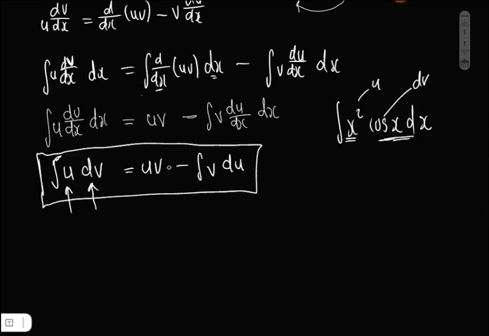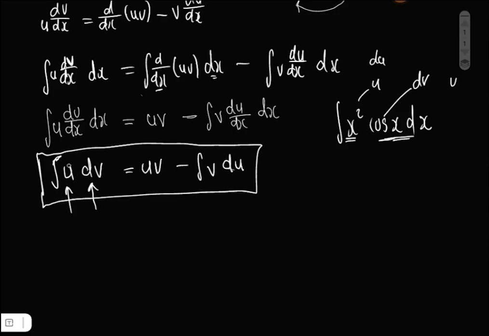Then we will need v, and after that we will also need du. In other words, we integrate dv to get v, and differentiate u to get du. Then we just plug them into this formula, and we can find our solution.